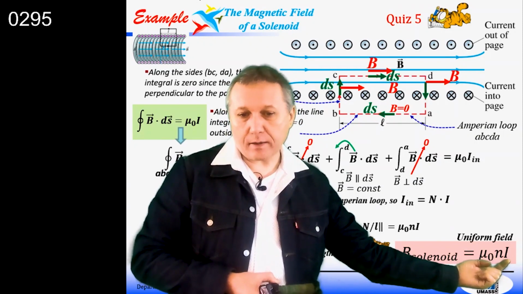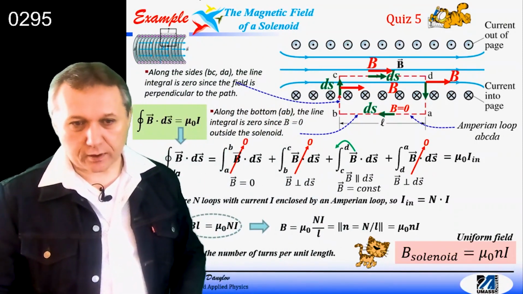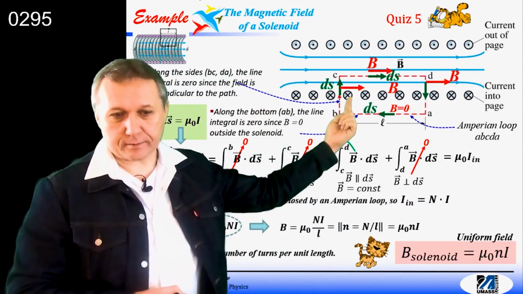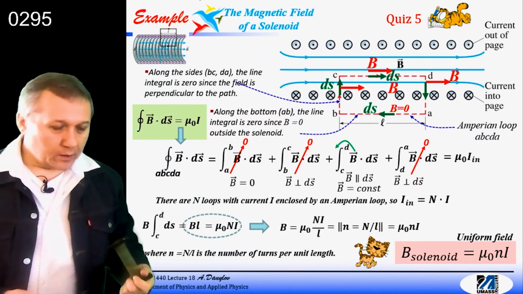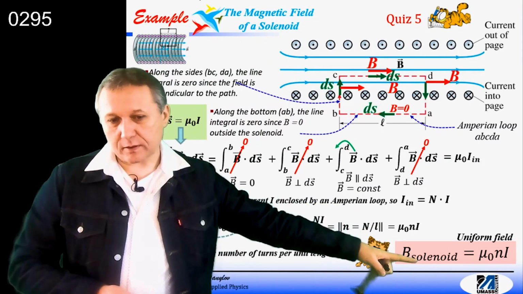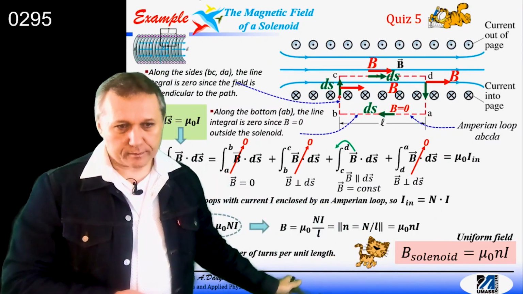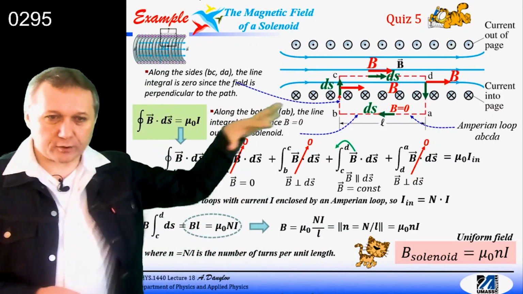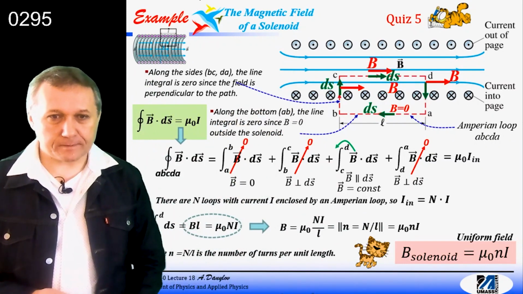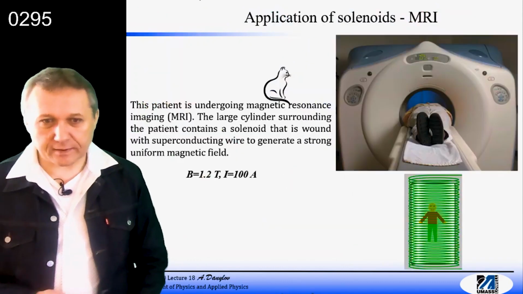And I is the current through one of these loops. So we're going to use this formula quite often. Okay, so that's your quiz. It shouldn't be complicated.